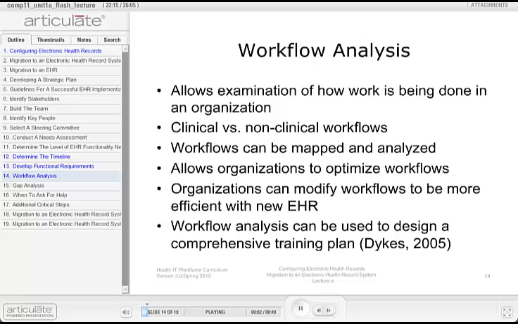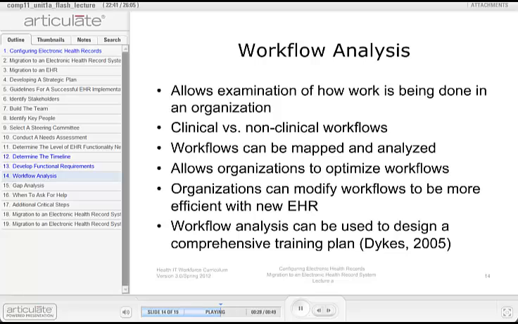A workflow analysis evaluates how work is done in an organization. There are two main types of workflows in the healthcare delivery environment: clinical and non-clinical. Clinical workflow is the series of steps taken by clinicians to deliver patient care. Examples of non-clinical workflows include the process of billing, coding, and reimbursements.